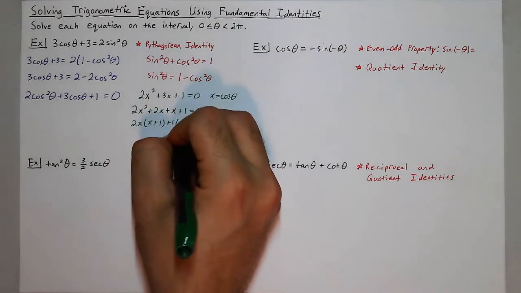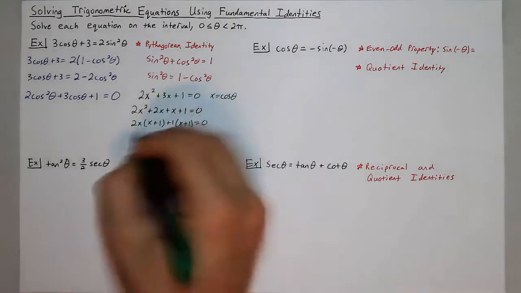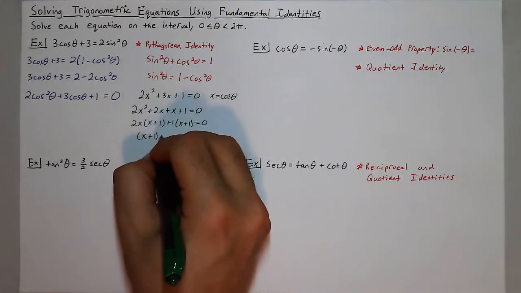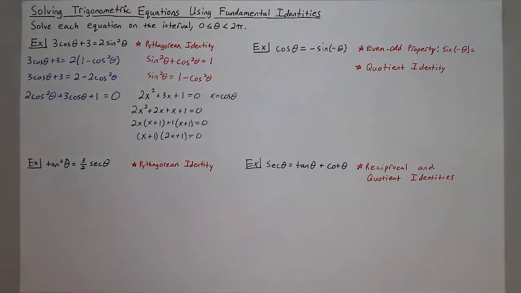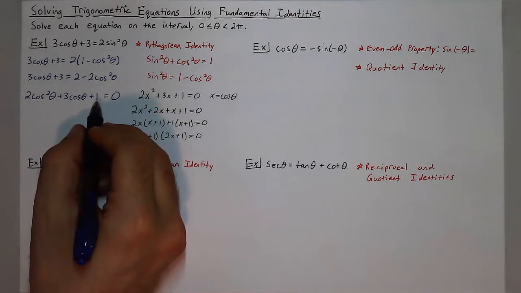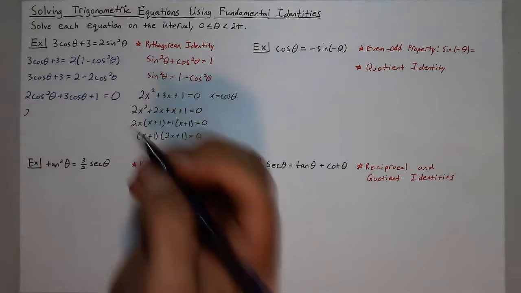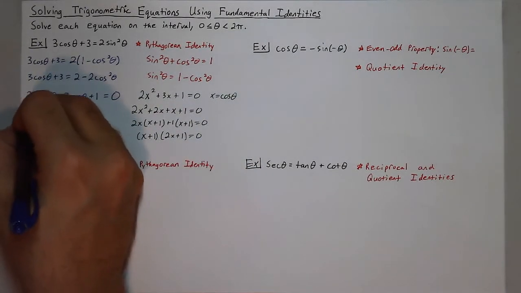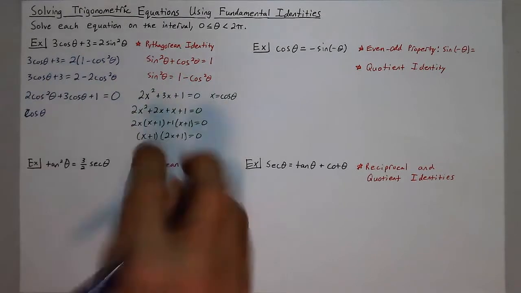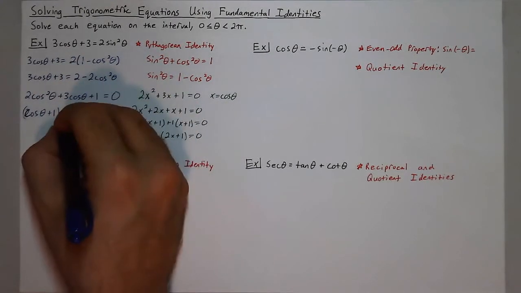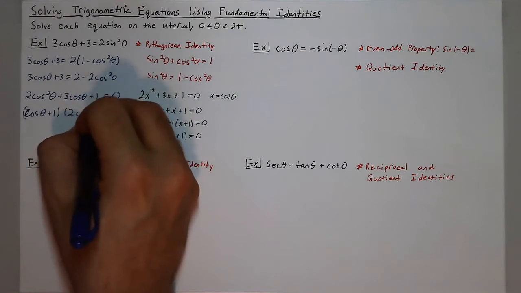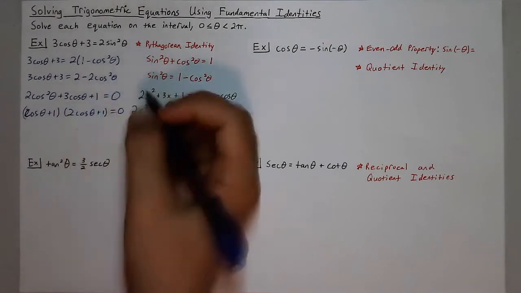And then my common factor is x plus 1 times 2x plus 1. So this quadratic expression here becomes cosine of theta plus 1 times 2 cosine of theta plus 1 equals 0.